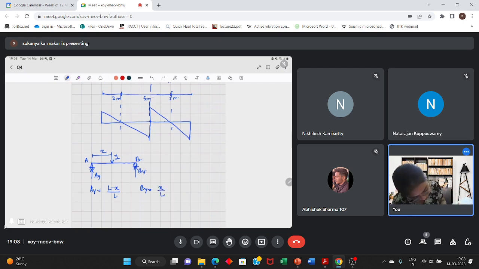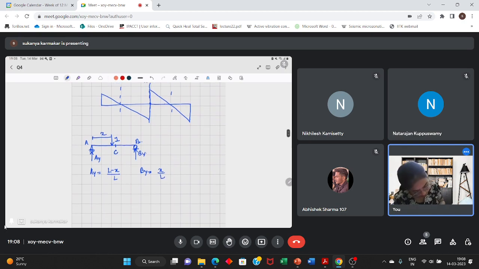Suppose we have to draw the shear force at point C. Then we see when X varies between 0 to A, this being A, it is equal to minus X by L. And when X lies between A to L, it is this expression.